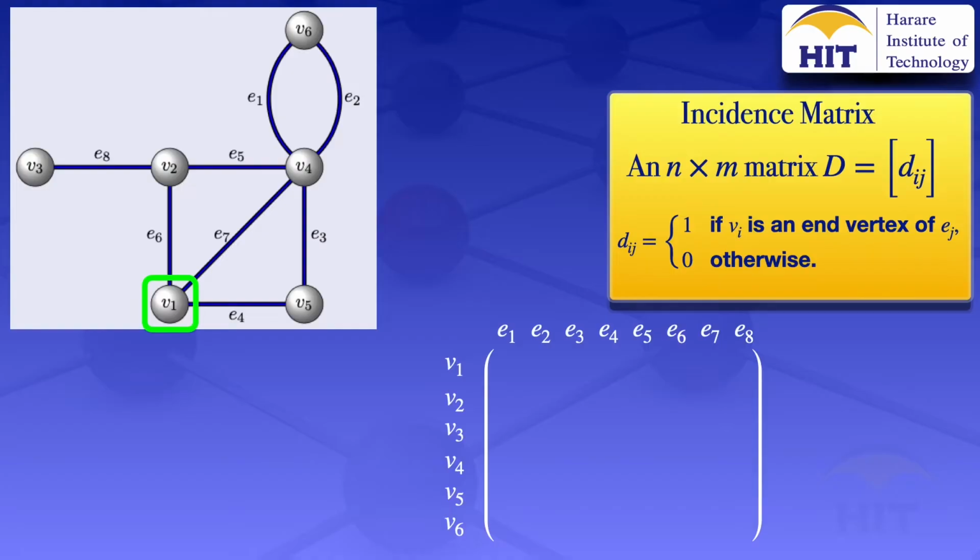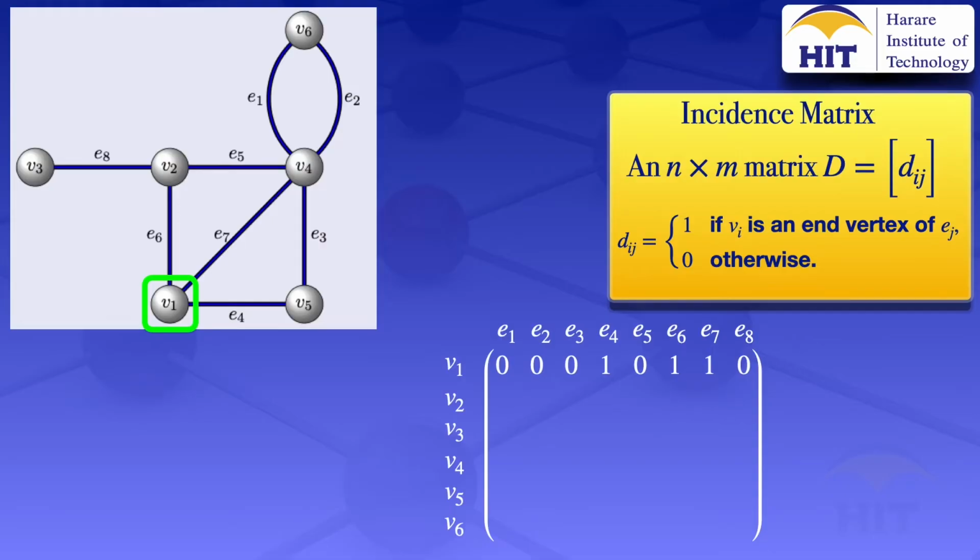So on the edges E4, E6 and E7, I'll put the 1s in the matrix. And it says 0 otherwise, so I'll put the 0s. And we are done with the first row of the incidence matrix.